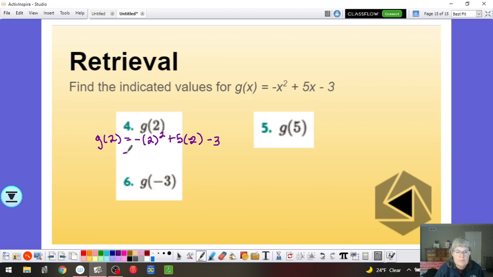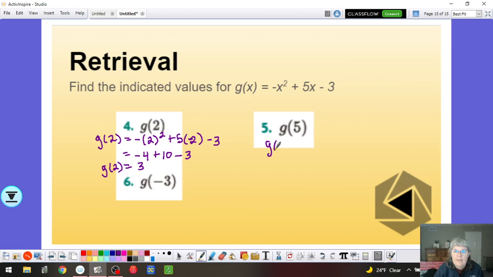And then we just simplify. So we have a negative, 2 squared is 4. 5 times 2 is 10. Subtract 3. Negative 4 plus 10 is 6. Subtract 3 is 3. So g of 2 is going to equal 3.